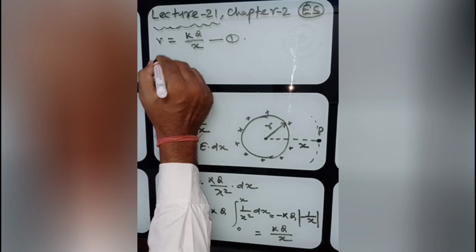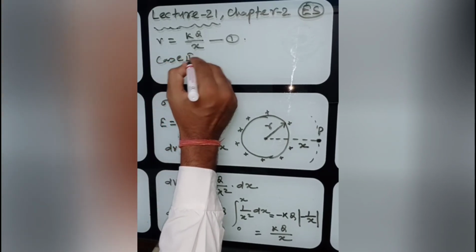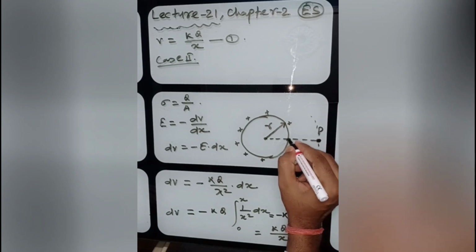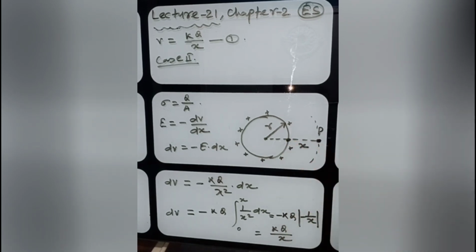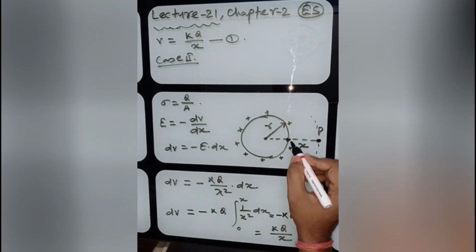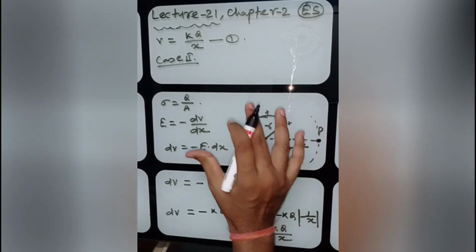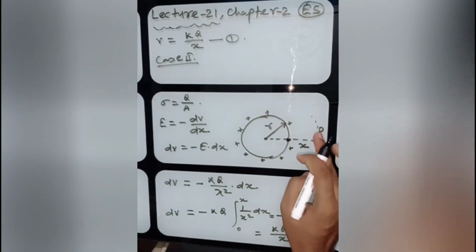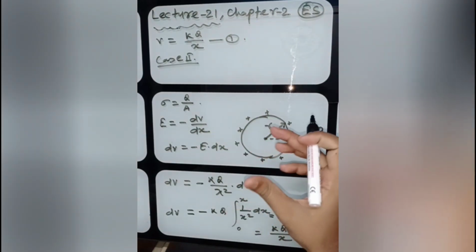Now case 2. As we move to the surface, what will be the potential, my dear students? At the surface of the conductor, as you draw a Gaussian surface, the charge enclosed will be the same. So what will change actually?